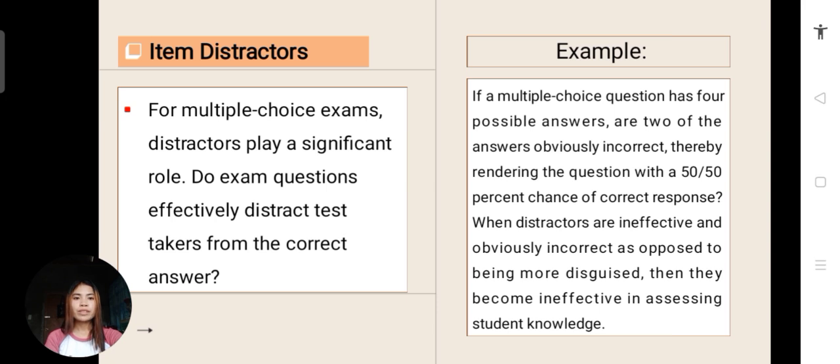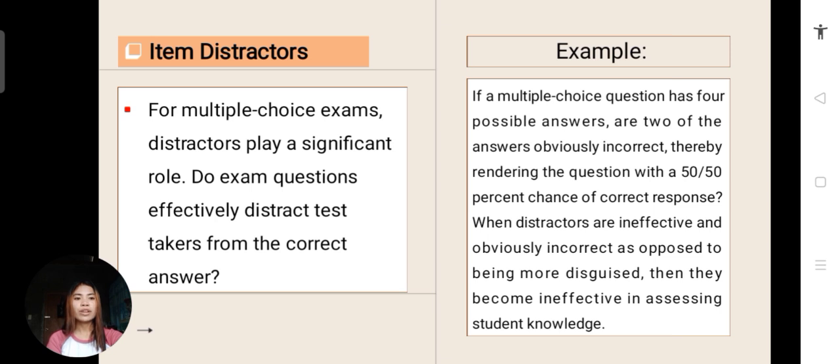For multiple choice exams, distractors play a significant role. Exam questions effectively distract test takers from the correct answer. For example, if a multiple choice question has 4 possible answers, and 2 of the answers are obviously incorrect, the question has a 50-50% chance of a correct response.